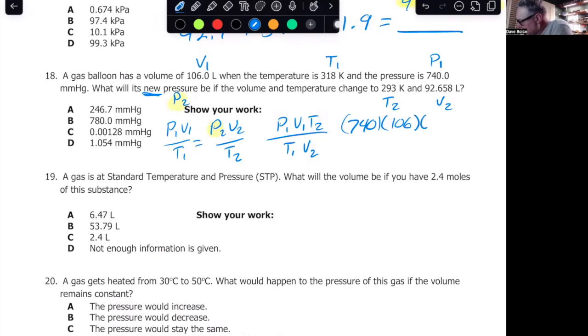I'm going to go down and look for my T2. Okay, and that's 293. And we're going to divide that by T1, which is already in Kelvin.